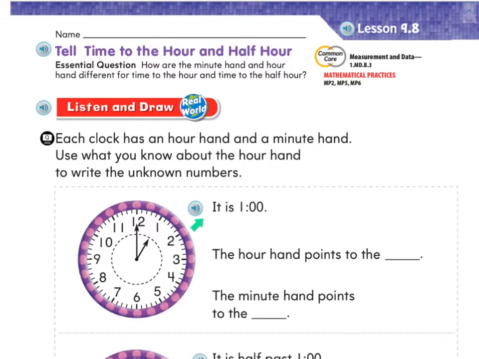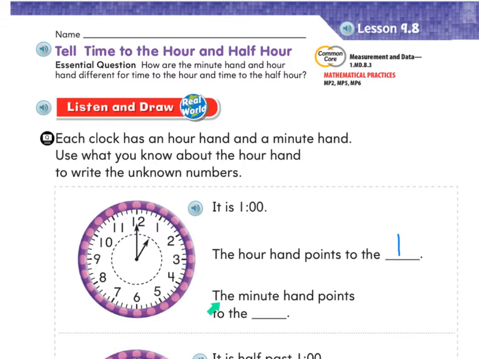Okay, so right here it says it is 1 o'clock. So this clock is showing 1 o'clock. Look over here and find the hour hand, and whatever number it's pointing to, go ahead and write it right here. Good, so the hour hand is pointing to the 1.